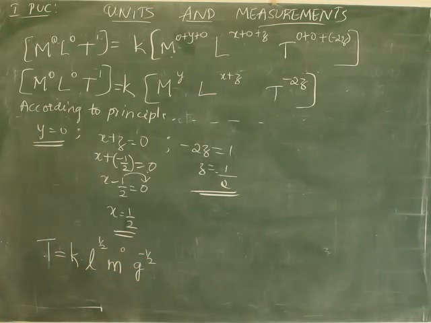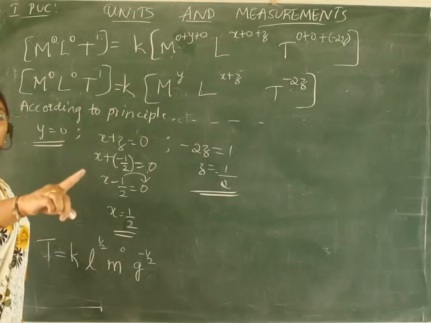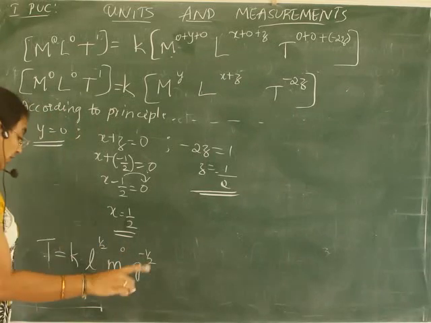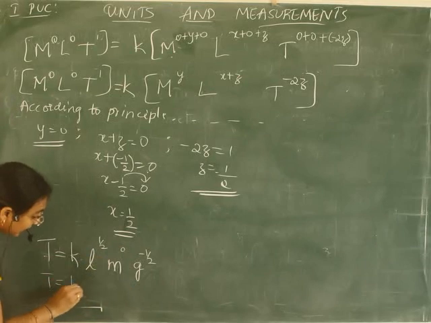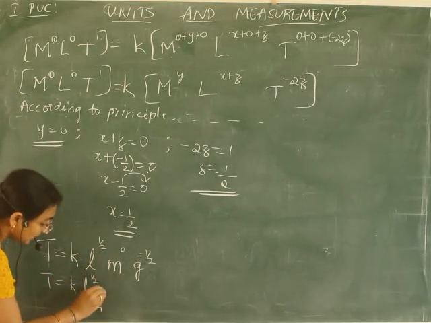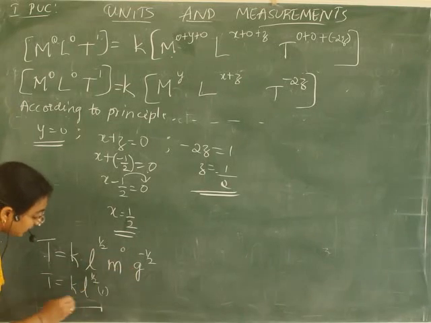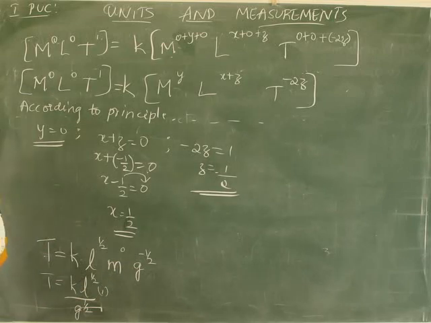Correct? Any number to the power 0 is 1, so here M to the power 0 is 1. So I can write T is equal to k, L to the power half, M is 1, g to the power minus half. So I'll bring it down: g to the power half. Minus half, when it comes to the denominator, becomes plus half.